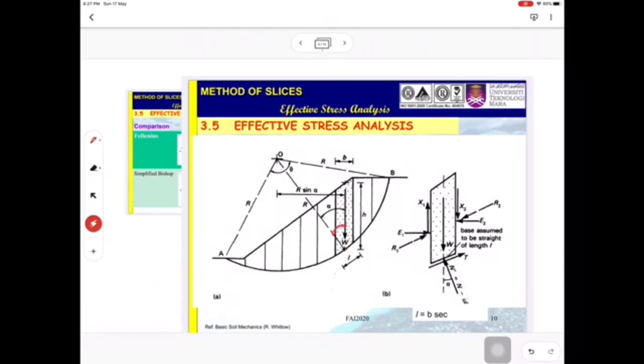Either you measure from here or here, it is still the same. This angle and this angle have the same value. So alpha, H, and R.